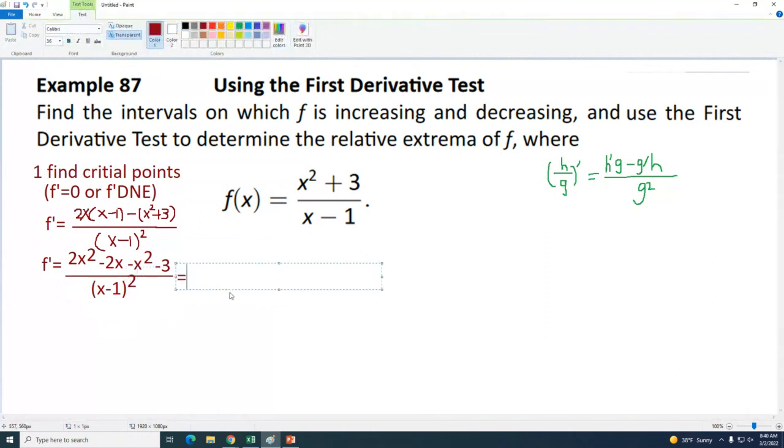Now we're going to try to simplify the numerator. We have 2x squared minus x squared, so we have x squared minus 2x minus 3, over x minus 1 squared.